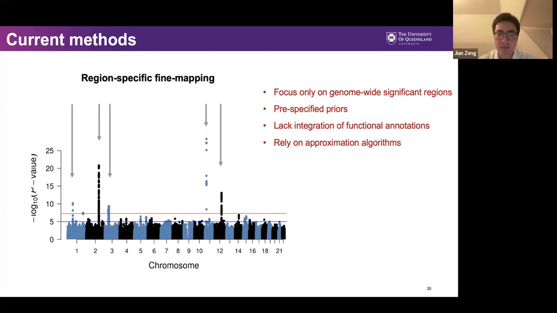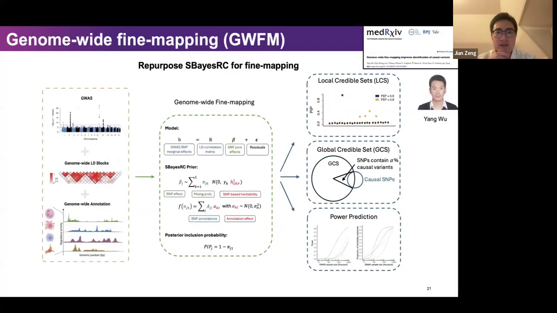So we think it might be best to do the fine mapping across the whole genome, along with the genome-wide functional annotations. This is the motivation of the project. Basically, we use the GWAS summary statistics across the whole genome with the genome-wide LD blocks and incorporate the genome-wide functional annotations.